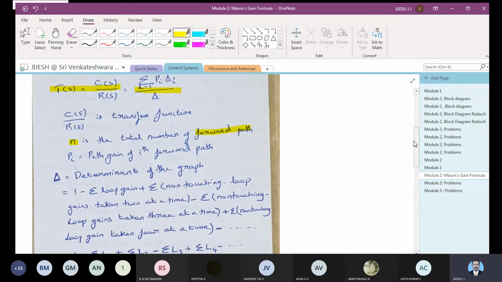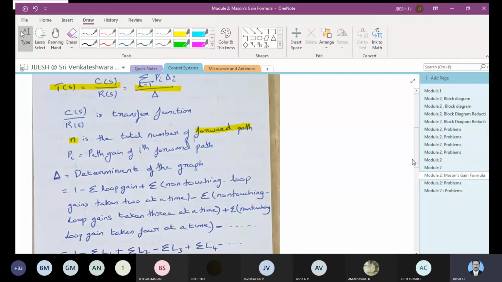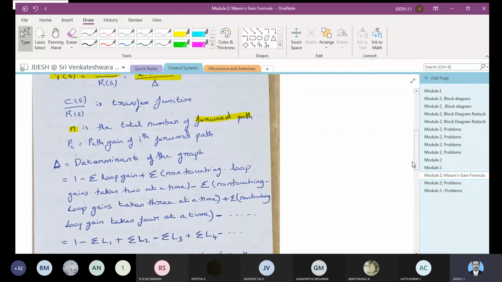Delta is the determinant of the graph. How delta is written is very important for us to understand. This is the entire equation for delta. You should understand how the things have to be written. If you have completed, just write down that delta is the determinant of the graph and try to understand this carefully.